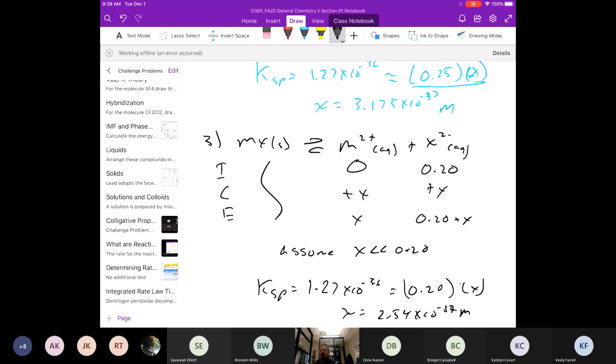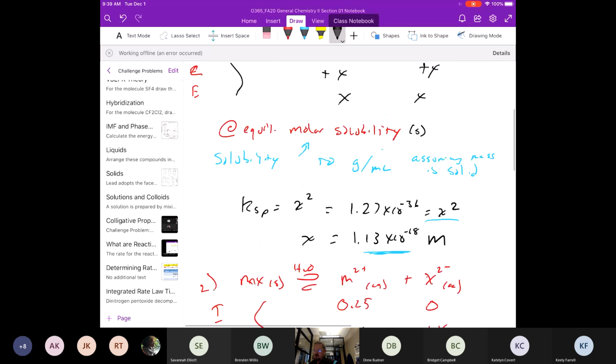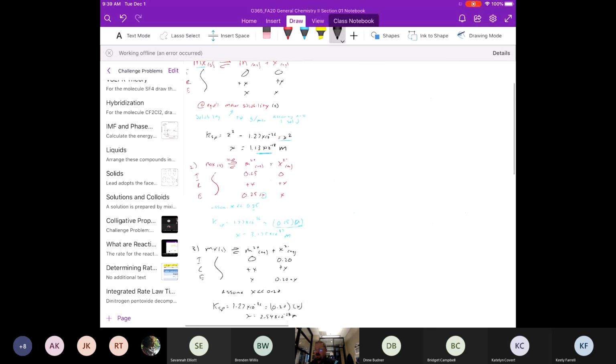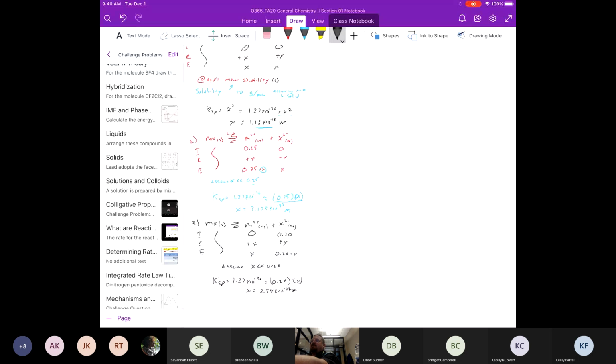Again, really, really small values. And because we're only calculating the molar solubility, we're going to stop there at that molarity. Whatever the single value of X is going to be our molarity.